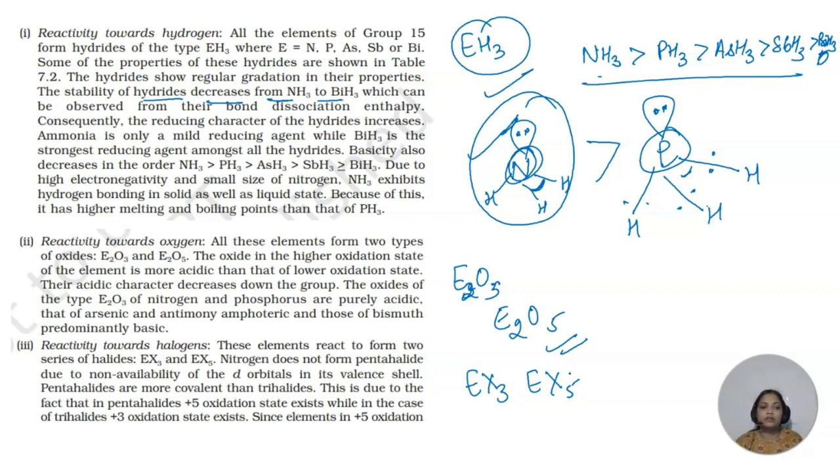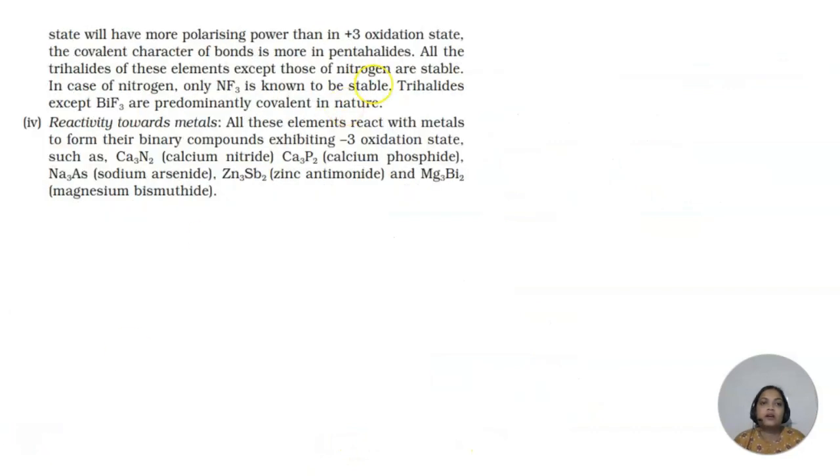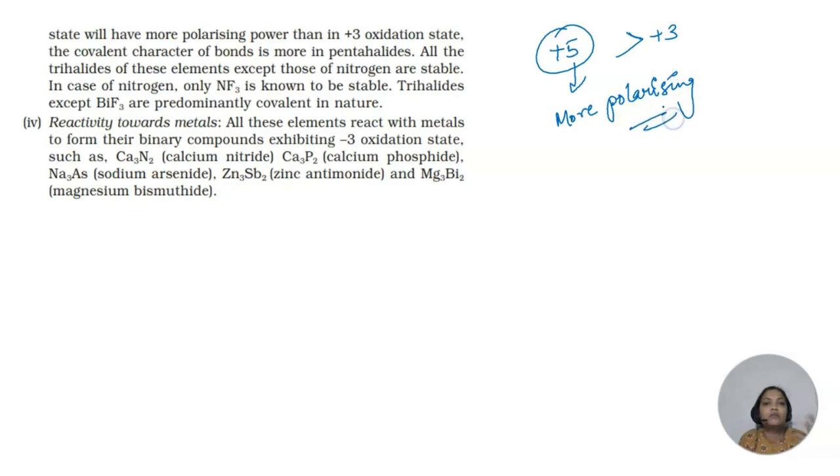Pentahalides are more covalent than the trihalides, because according to Fajan's rules, if the element is in +5 oxidation state rather than +3, it will have more polarizing power, so the covalent character will be more.